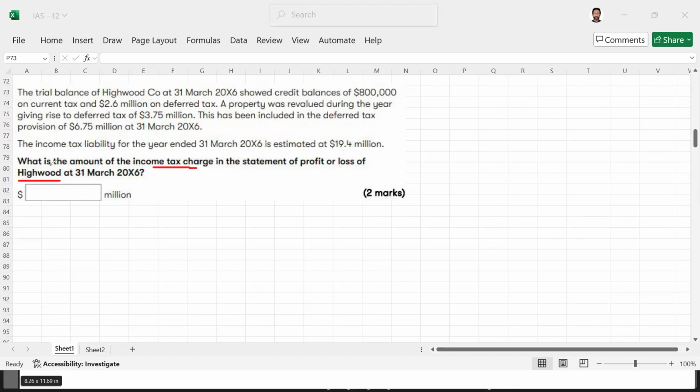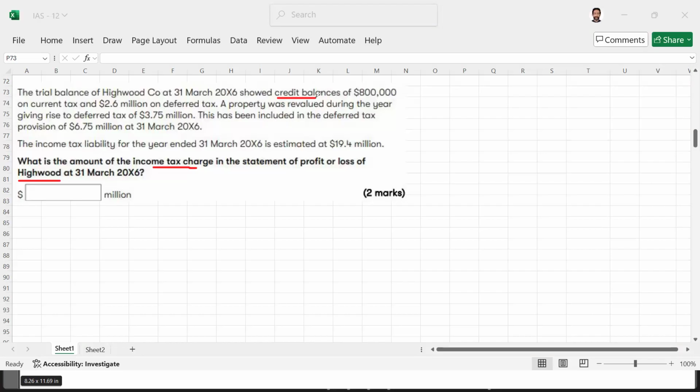The trial balance of Highwood Co. at 31st of March 2026 showed credit balances of 800,000. So now this is related to the current account. The previous question we dealt with had a debit balance, and now this one is the credit balance. So whenever you see the credit balance, this refers to over provision. Like last year, we provided more.